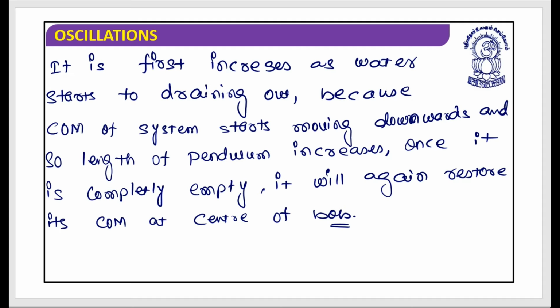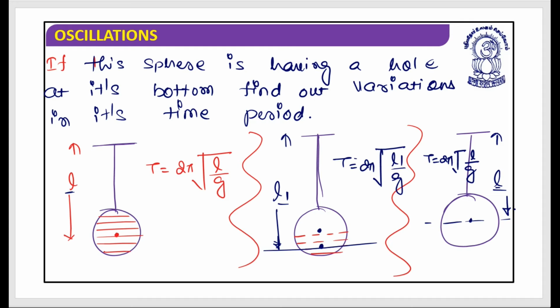Yes, this is a very logical aspect of change in the length, because every time it is not possible to change the length, you just cut down the string and a new length has been given. No, this is not the case. This is the logical aspect, and I like this question. Because at our very first sight, we could not identify what the effect is if water is being drained out. What is the effect on the time period?